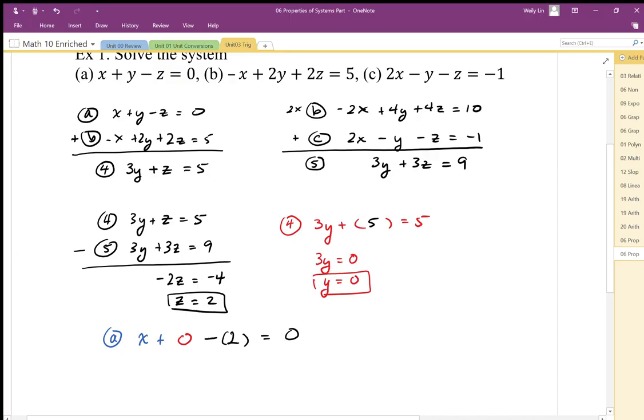I can then solve for x. So I end up with x minus 2 equals 0. So I've now solved for x, y, and z.